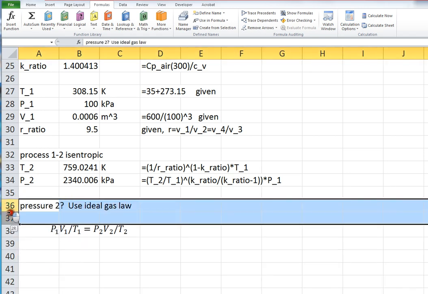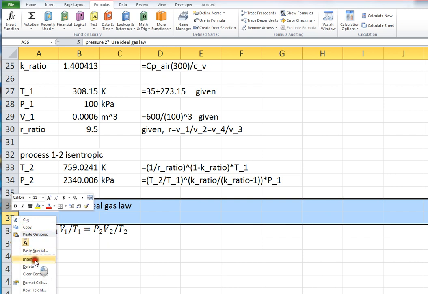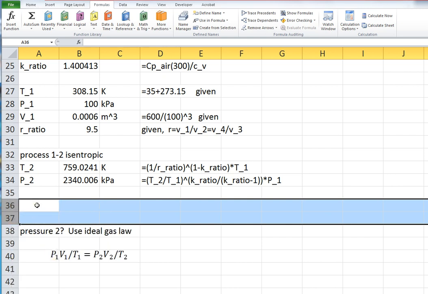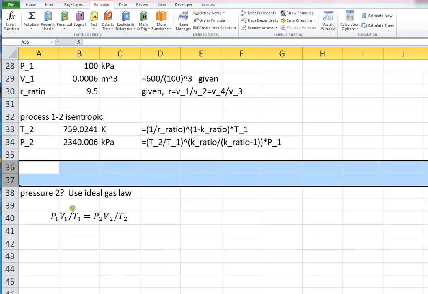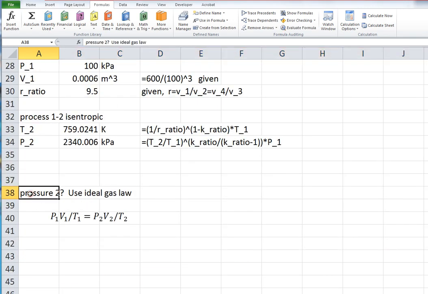Okay, as I said, I was getting ahead of myself a little bit in this ideal gas law. When we go from state 2 to 3, what do we know? Going from 2 to 3, the volume is constant. So that's what I'm trying to look at here, is if we can find pressure 3. Can we find that? I'm not sure that we can, but if we wanted to, we could try.